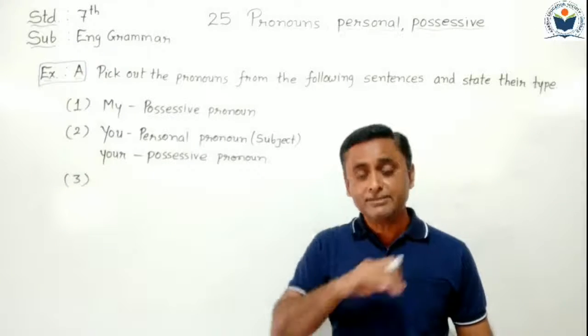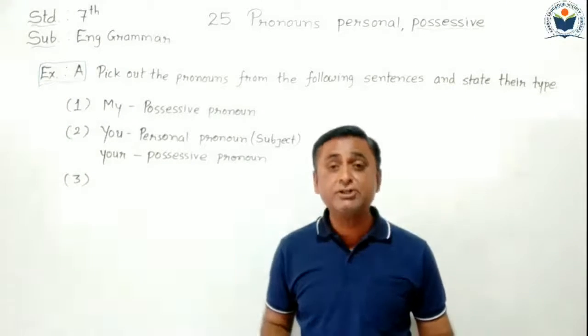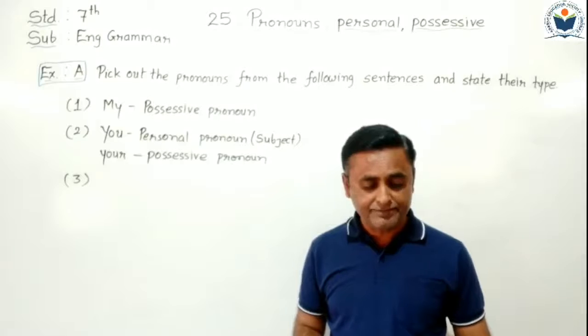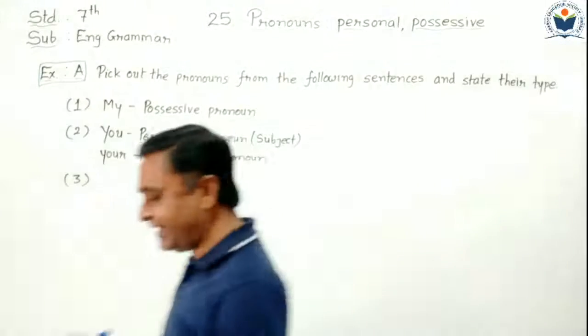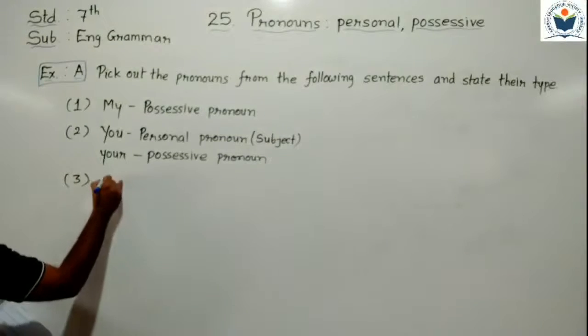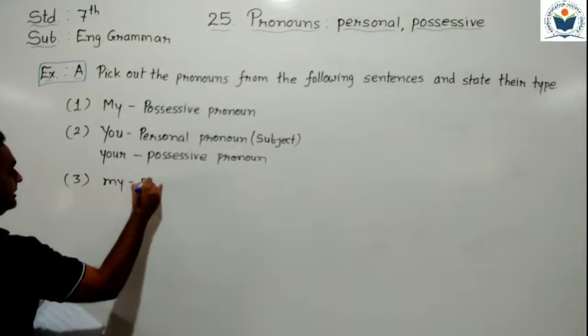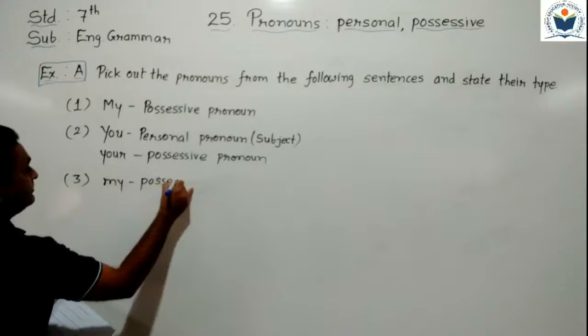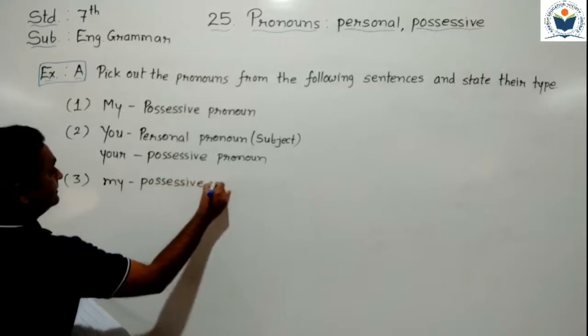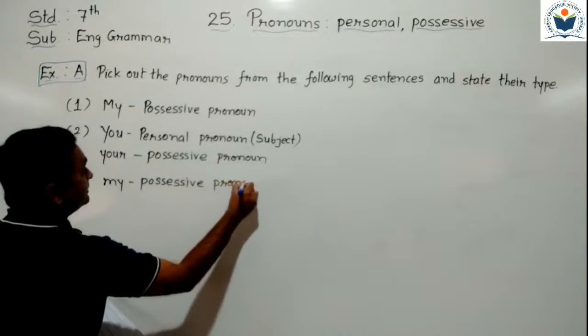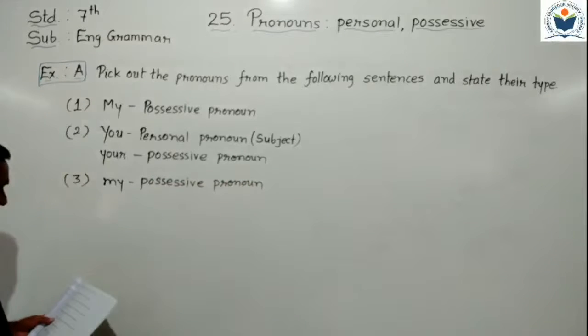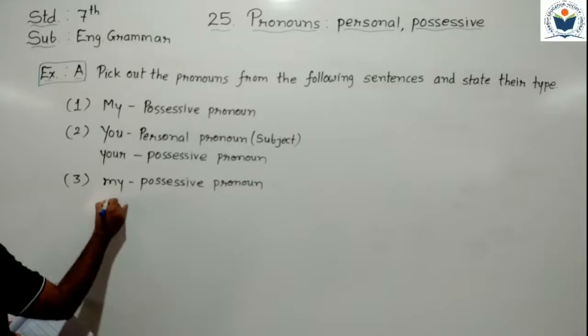It is an interrogative sentence. Can you identify which pronouns are used here? Yes, the first one is my. My is a possessive pronoun here. And the second one, I, is used here as a pronoun.